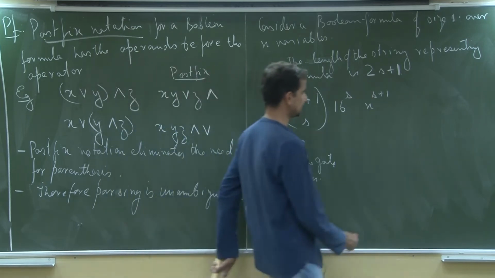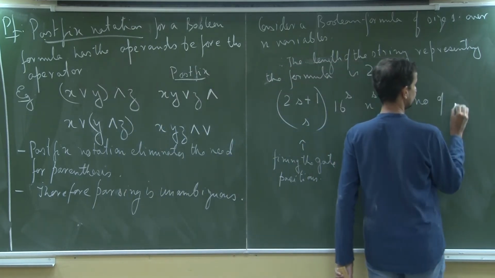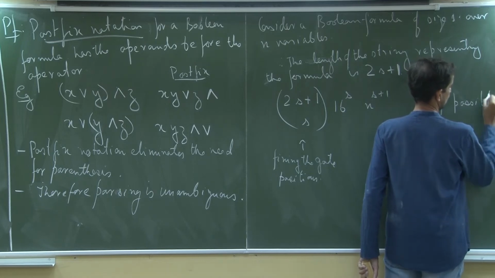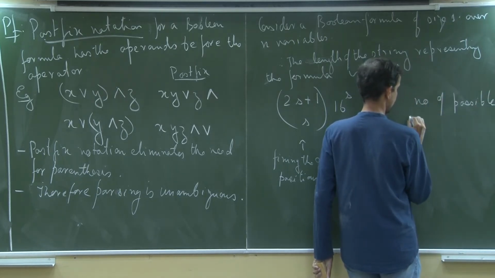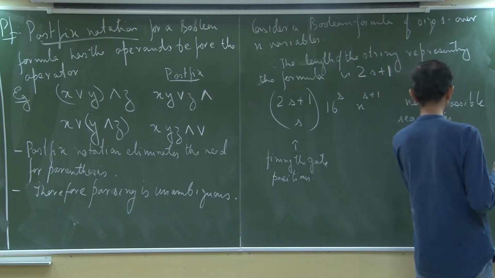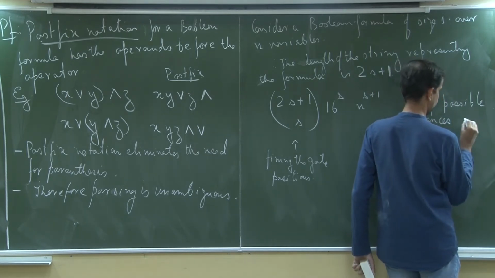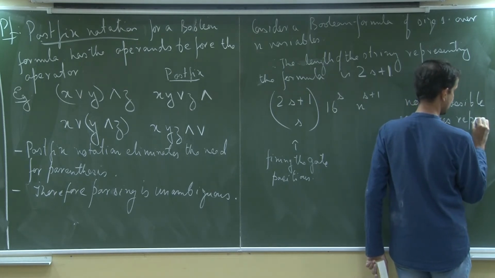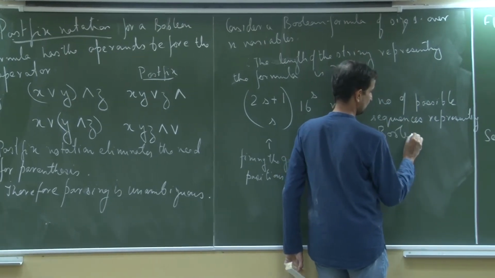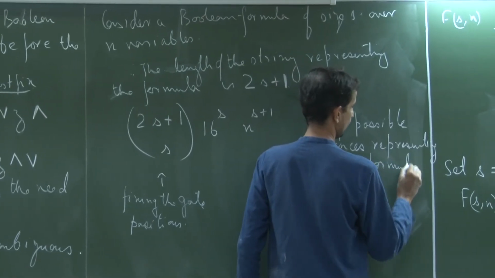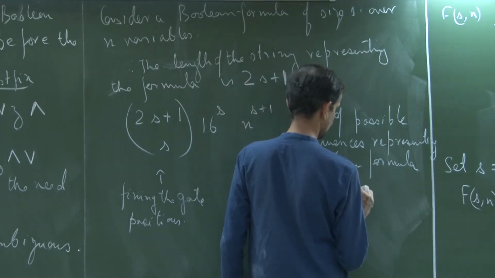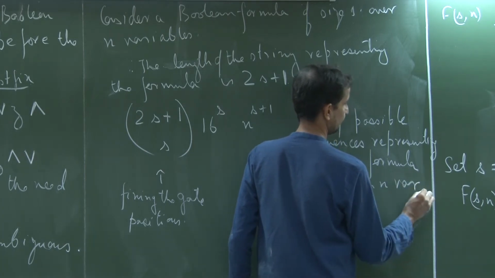So, this is the number of possible sequences representing a Boolean formula of size s over n variables.